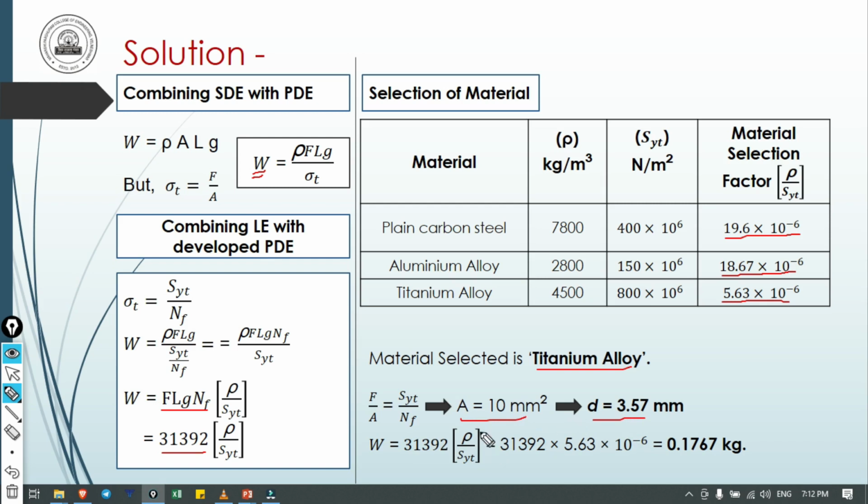And if we substitute these values of rho and SYT for the selected material, that is titanium alloy, the weight of the bar, that is the lowest weight of the bar to give the optimum design, is 0.1767 kg for this titanium alloy. Okay, so this is how the Johnson's method is being used to solve the numericals based on optimum design.